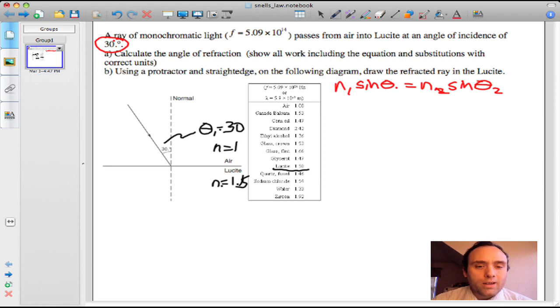So n1 is 1, so it's 1 times the sine of 30 degrees equals n2, which is that 1.5, times the sine of theta 2.